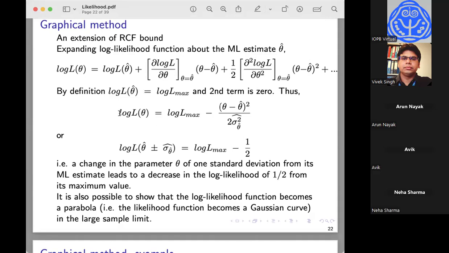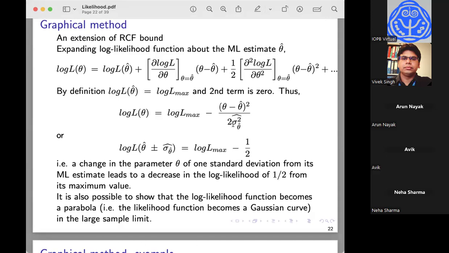Since theta hat maximizes the log likelihood, log of L theta will be log of L max minus theta minus theta hat square times this factor, which from the RCF bound is the sigma square, that is, del square log L by del theta square at theta equal to theta hat from the previous slide.